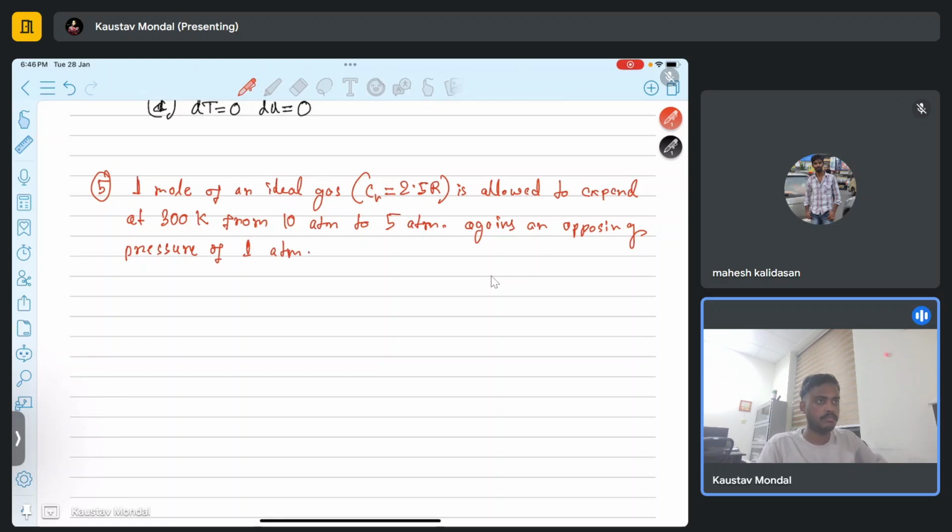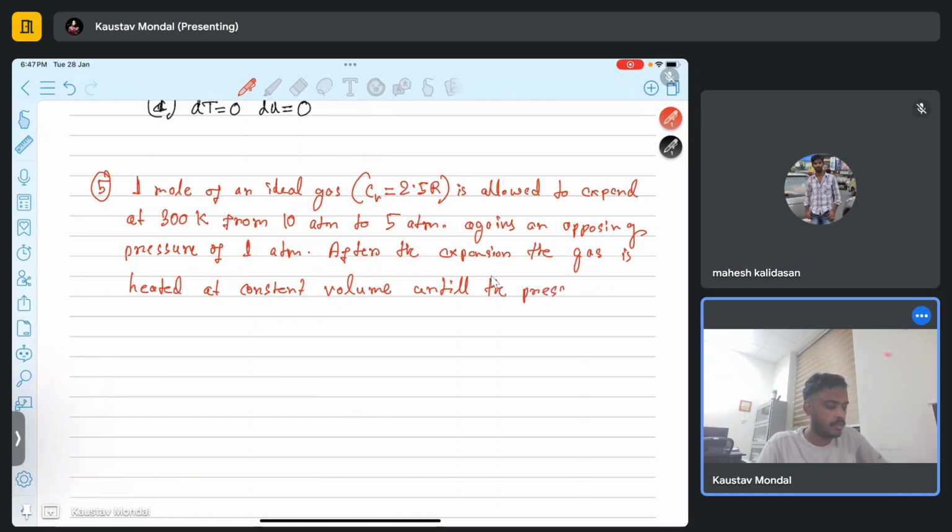Okay, so what you have to find out: after the expansion, the gas is heated at constant volume until the pressure becomes 10 atm.